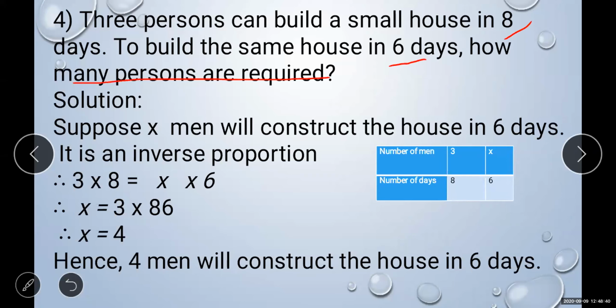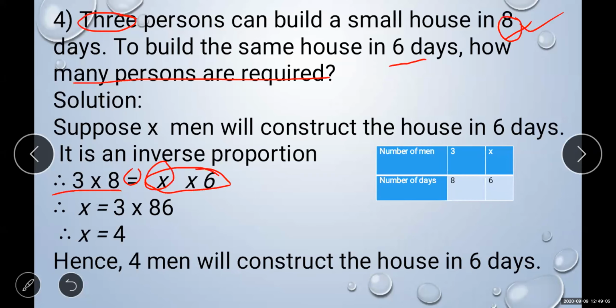Previously, 3 persons completed the same work in 8 days, so 3 into 8. Now the same work, these X persons have to complete in 6 days. So X we have to find out.